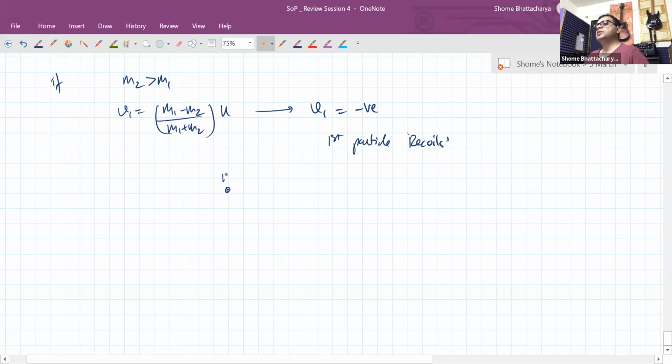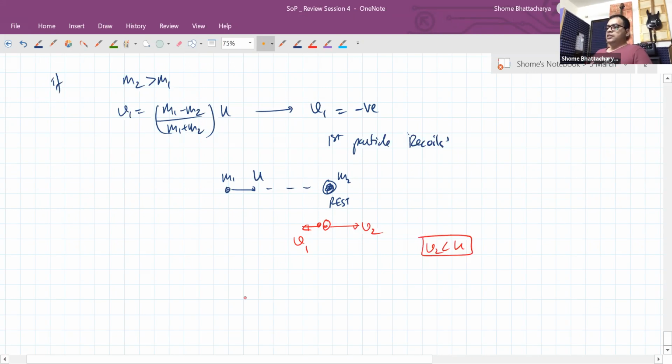So if it's a lighter particle, it goes and collides with a heavier particle at rest, then immediately after impact, the first particle will definitely recoil. It will have a v1 which is backwards in direction, and the second particle will have a v2 which is less than u.